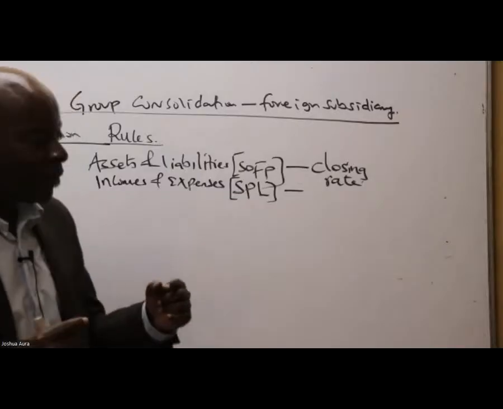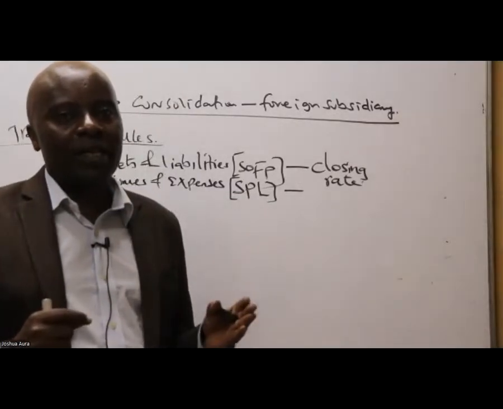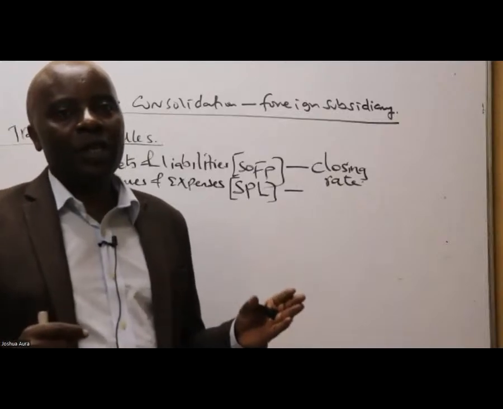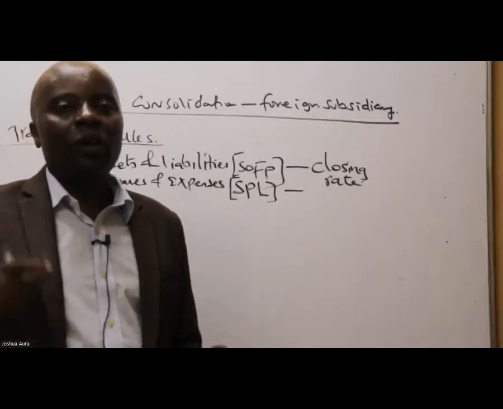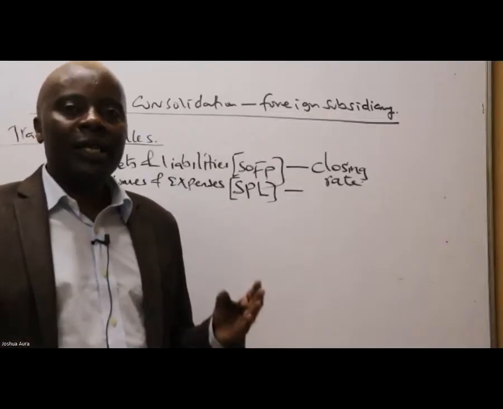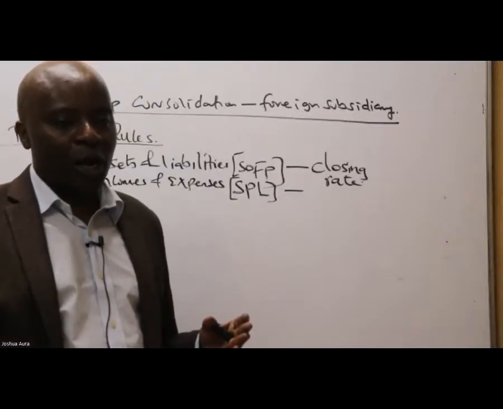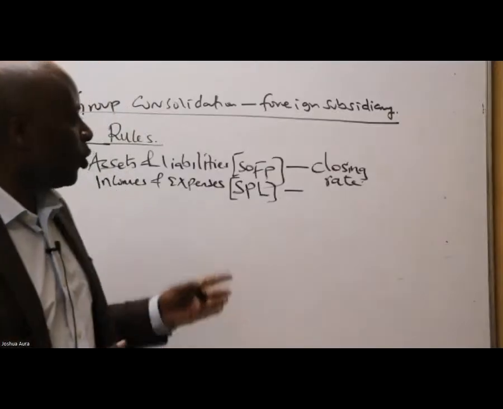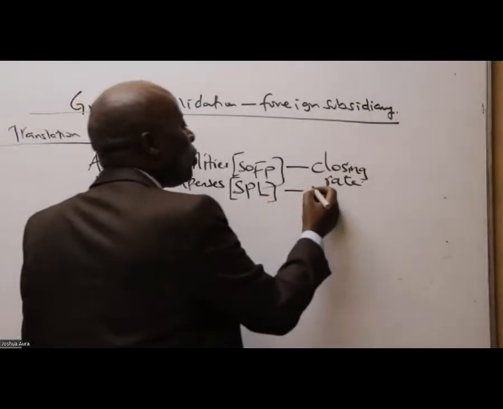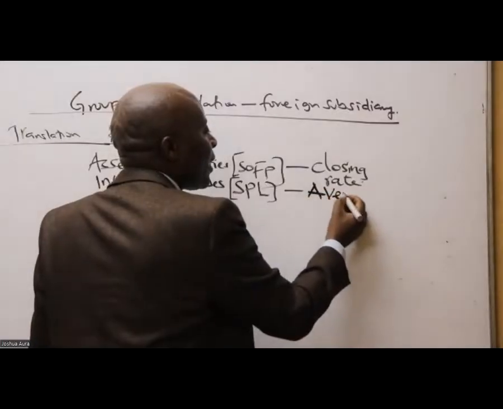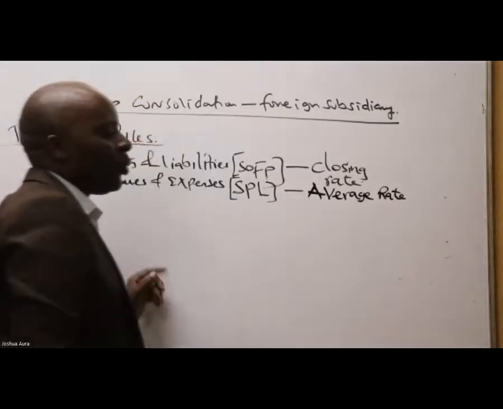You'll be getting, ladies and gentlemen, sales revenue coming to us on the 1st of January, on the 5th of January, on the 12th of December, etc. So over the whole year, we have what we call transactions. So always, incomes and expenses, we shall be translating them using the average rate.